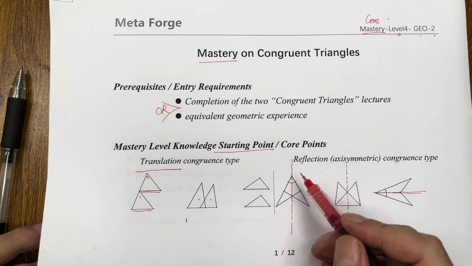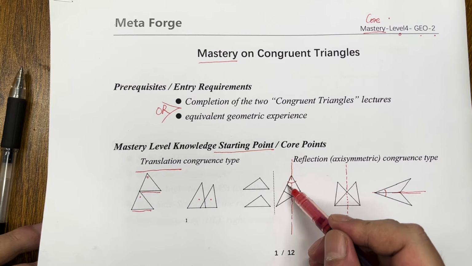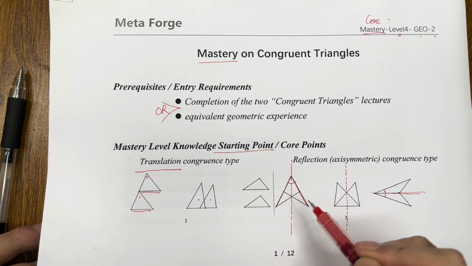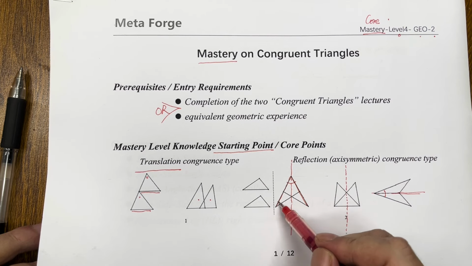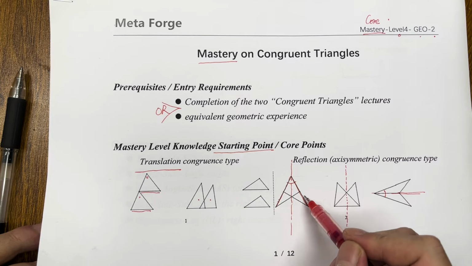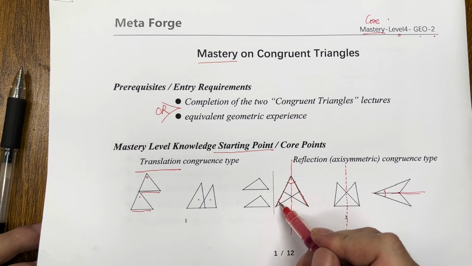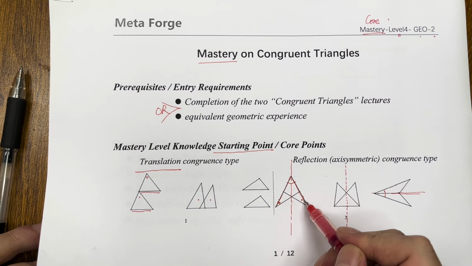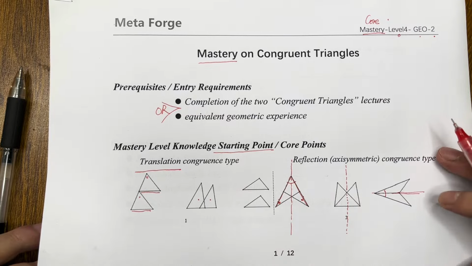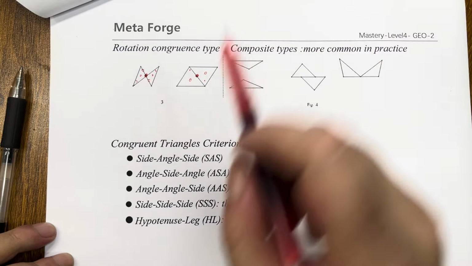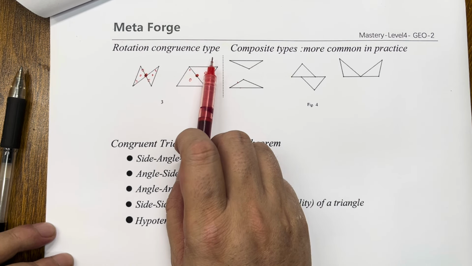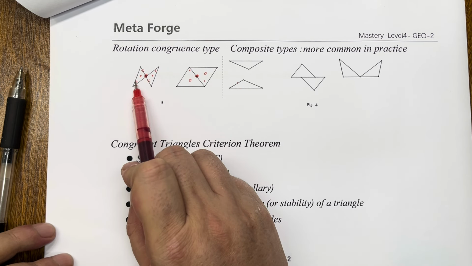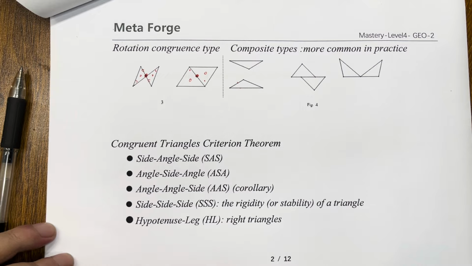Okay, here to here is more obviously they are corresponding sides, corresponding segments. Okay, this angle to this angle, they are corresponding angles. In the rotation type, in the center symmetry, the corresponding relationship has a little difference.